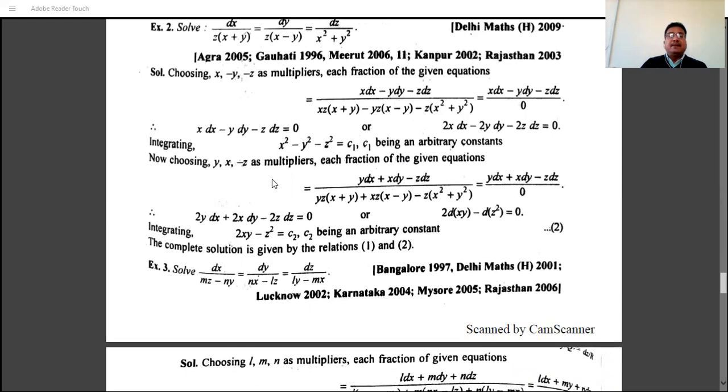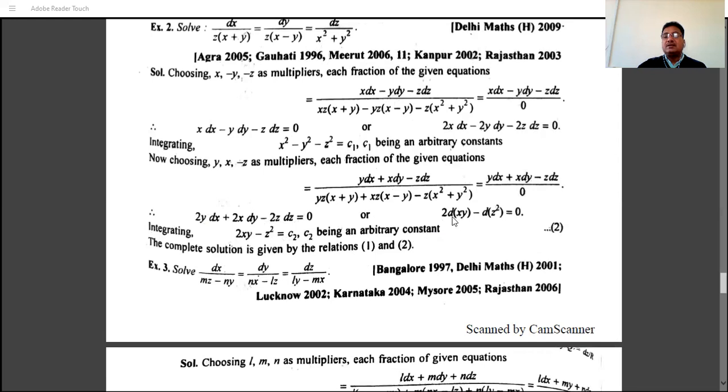And then using multipliers y, x and minus z. This set and the previous set of multipliers are linearly independent. So each ratio is equal to y dx plus x dy minus z dz, multiplying by y, x and minus z, and adding we have the answer 0. And y dx plus x dy is the derivative of x into y.